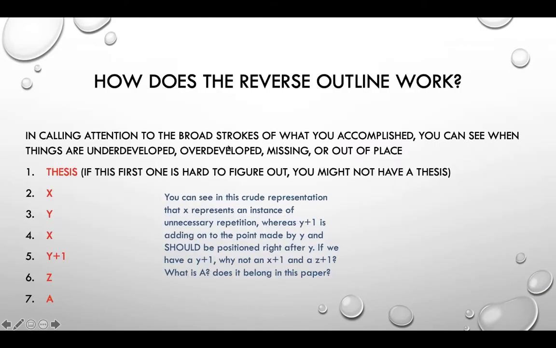So how does the reverse outline work? Well, it calls attention to the broad strokes of what you accomplished. So you can see the overall shape of the paper. You can see also if things are underdeveloped, if they're overdeveloped, if there's anything that's missing, or if there's anything out of place.